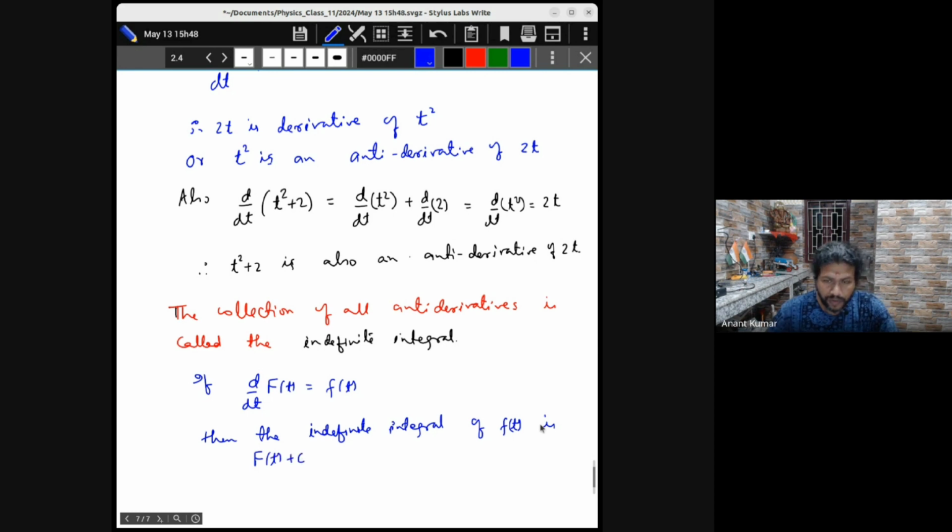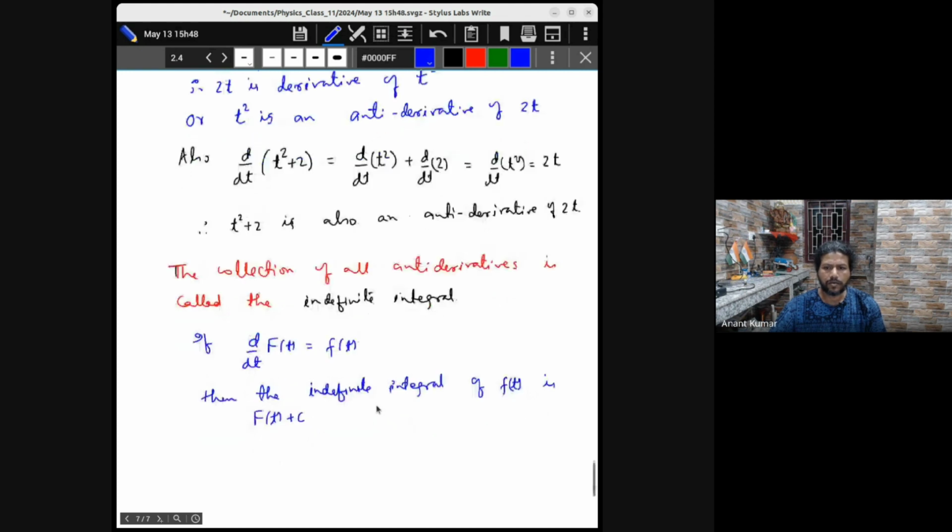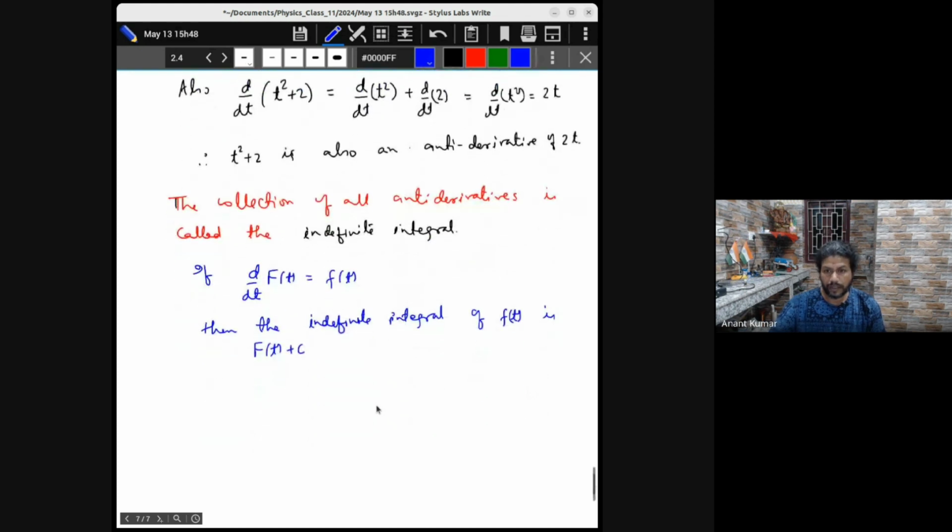There is a close relationship with derivatives here. Why did I write a constant? Because if I differentiate not only capital Ft but also capital Ft plus some constant, we still get small ft, because the derivative of a constant is 0. That is why we always write the constant.